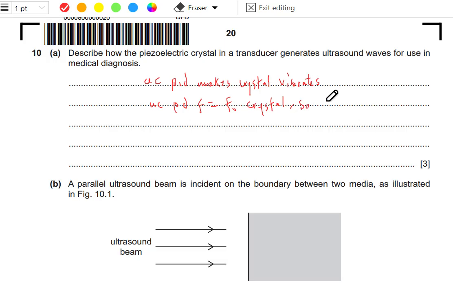So crystal resonates, and the frequency at which the resonance happens is in ultrasound range.